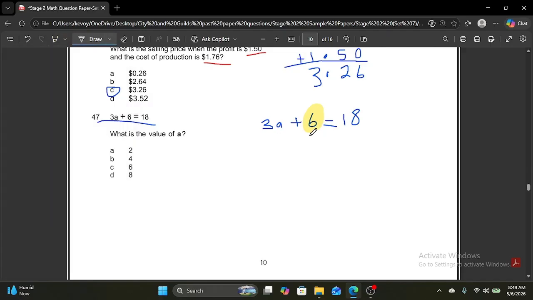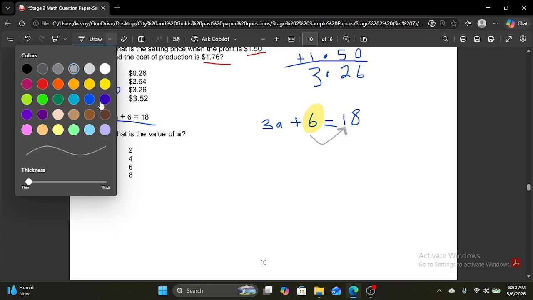What we do is move it to the opposite side of the equal sign. When we move terms to the opposite side of the equal sign, the sign changes to the opposite but the number remains the same. So if this is a plus 6, the opposite of plus is subtract.